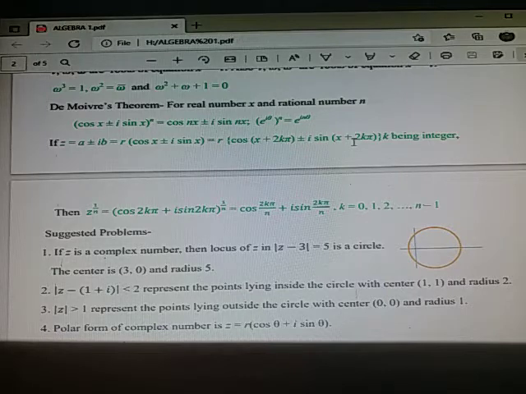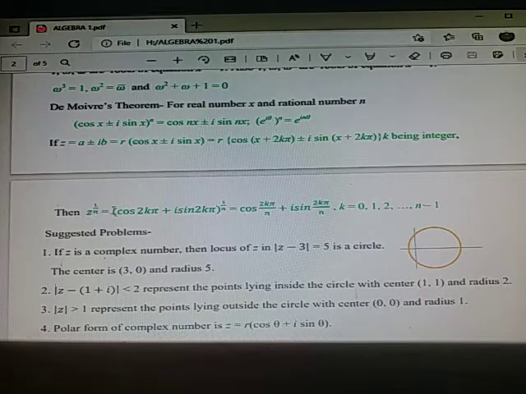To find the nth root, we take x plus 2k pi divided by n, with k varying from 0 up to n minus 1. This you need to know.